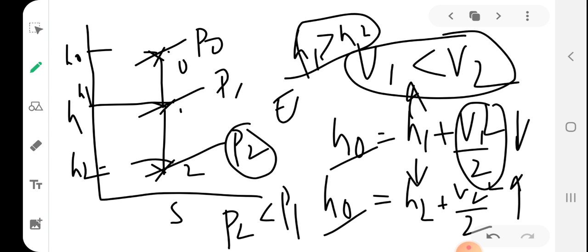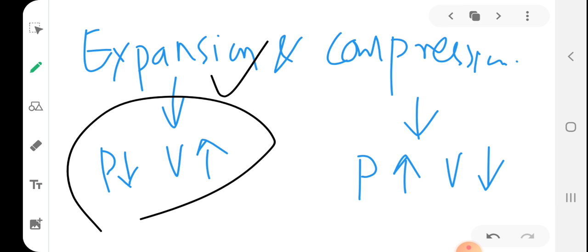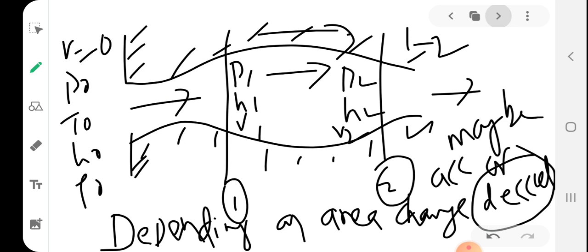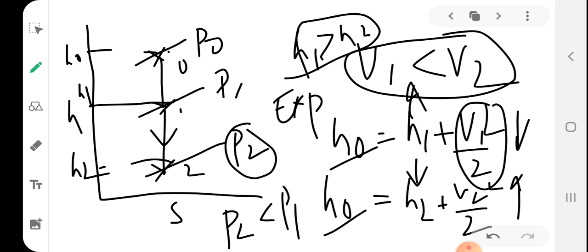Because here P increases, V decreases, right? So such a flow is compression flow. Compression flow is depicted in this manner. Sorry, here actually the direction is 1 to 2. This is expansion, right?